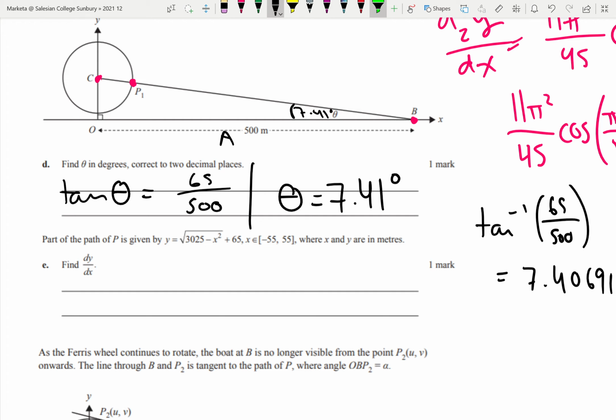There we go. Okay, next, part of the path of P is given by y, where x and y are in meters. Okay, find dy dx. So that's pretty straightforward. We can do it directly into CAS.